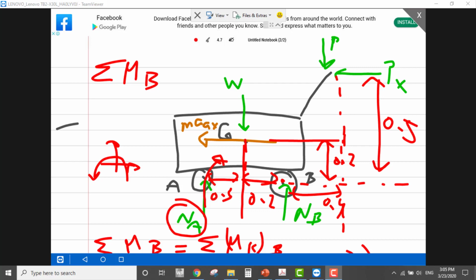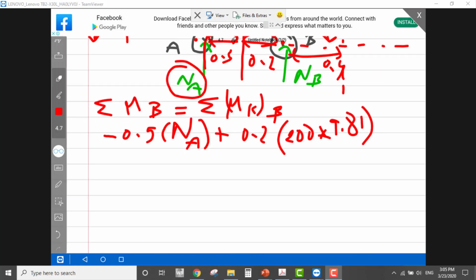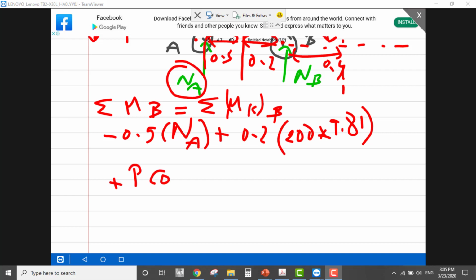Now we have Vy and we have Vx. Let's start with Vx, but instead of Vx I will write V cosine 60. It will do counterclockwise, so I will write plus V cosine 60 multiplied by the perpendicular distance, which is 0.5.